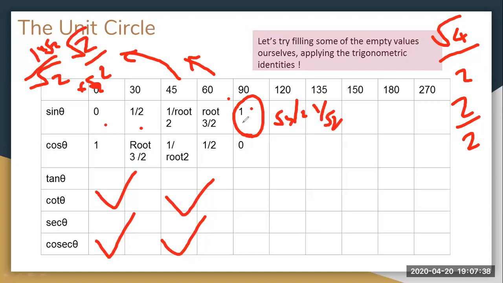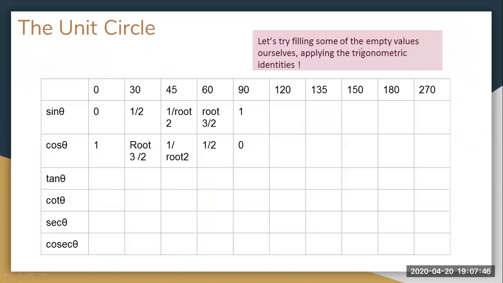So in order to remember, you can also write all of these with denominator 2. This is 0 by 2. This is 1 by 2, and 1 by root 2 can also be written as root 2 over 2, and then this is root 3 over 2, and this is 2 by 2.